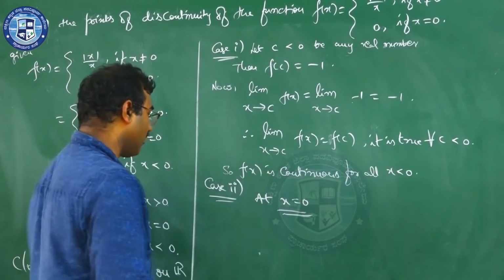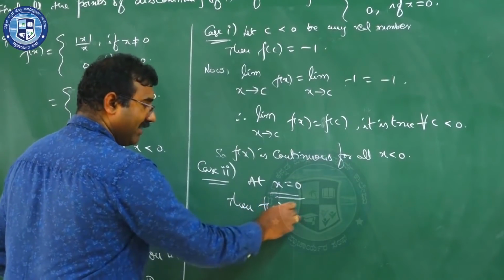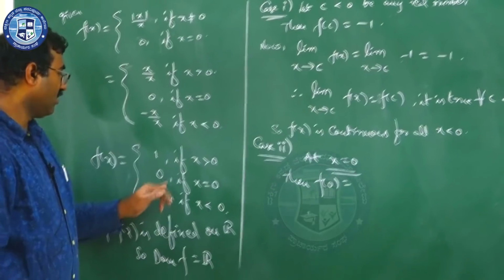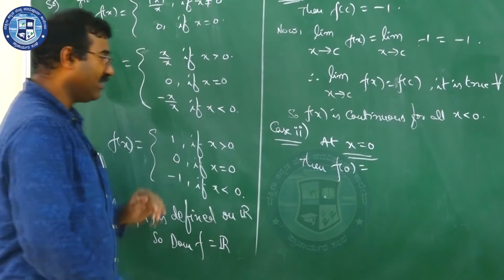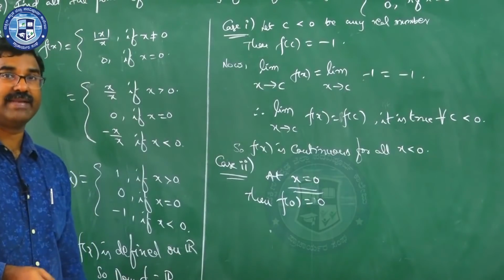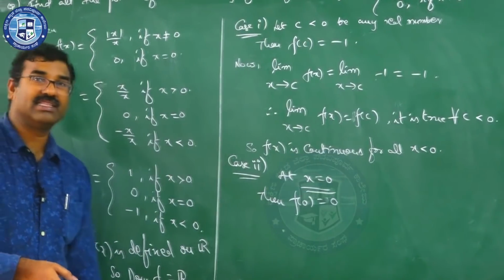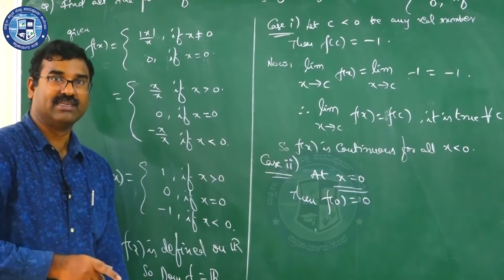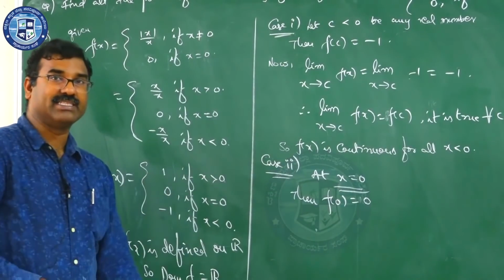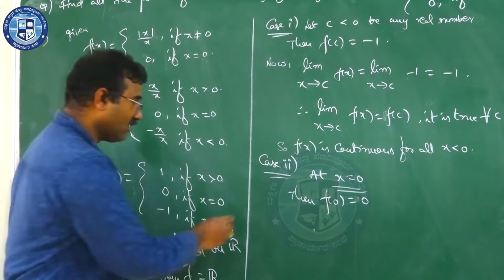At x equal to 0, what is f of 0 they have given? f of 0, they have given the value 0 here. Now we work out the limiting value. Is it necessary to find the left hand and right hand limits? Yes, because the function is splitting at 0. So we need to work out the left hand limit and right hand limit.